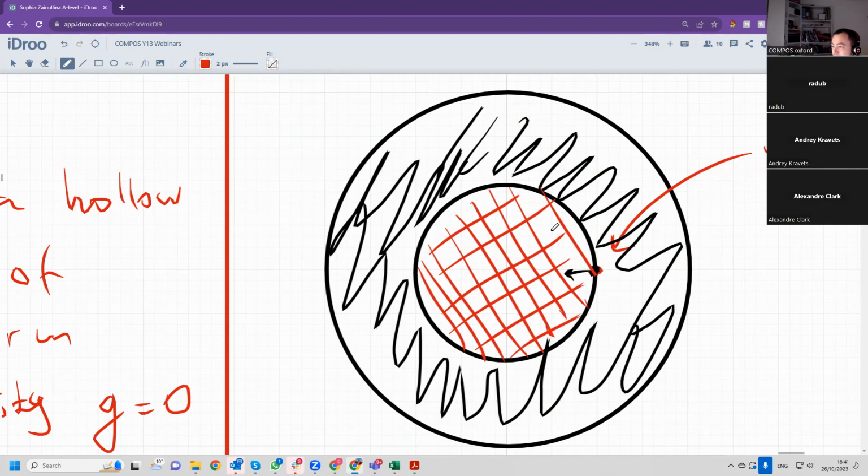Mathematical proof. Just to clarify, inside any shell of uniform density, the gravitational field from that shell is zero.